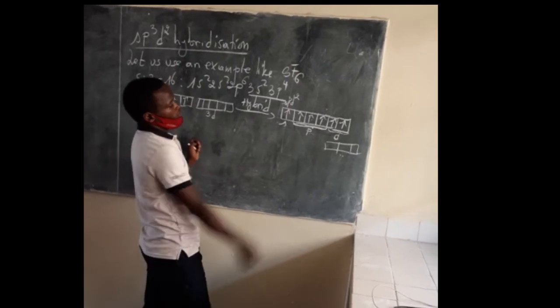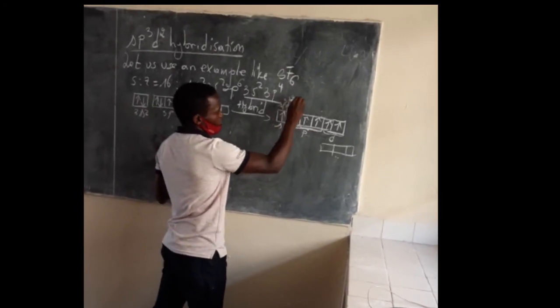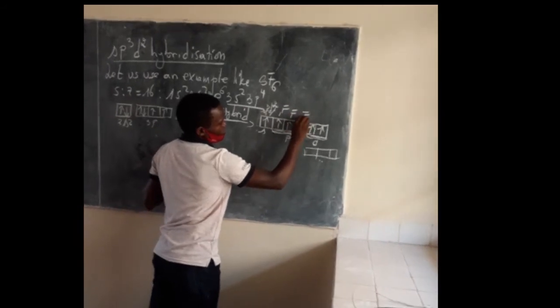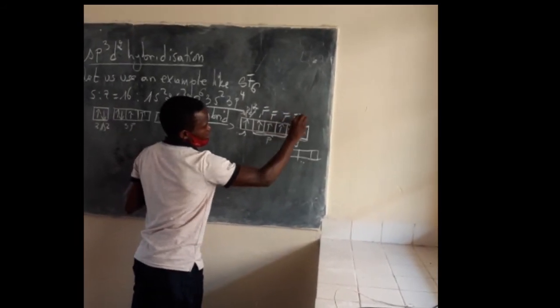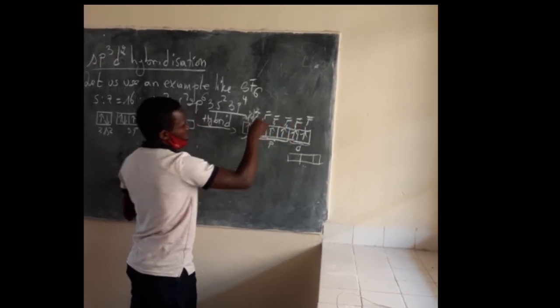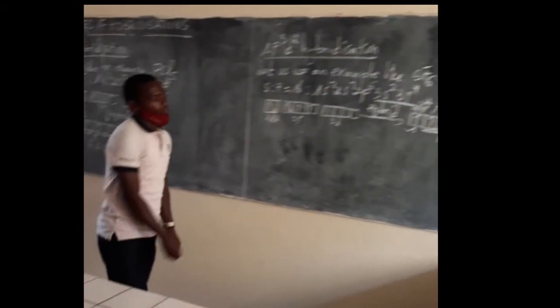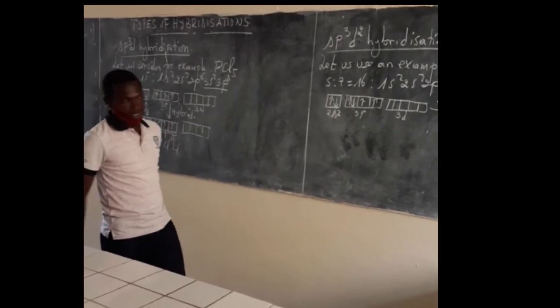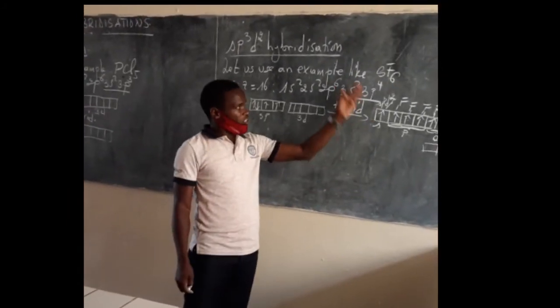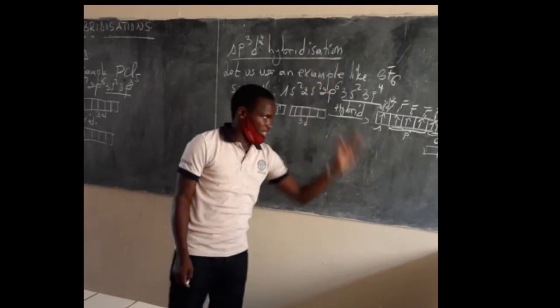Then up to now, it is easy for F to come and attach in this way, then like this one. There will be a formation of bonds because fluorine has 1 electron on the outermost shell, which is going to contribute in the formation of the molecule known as SF6.